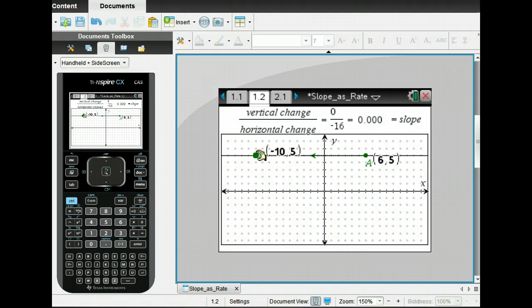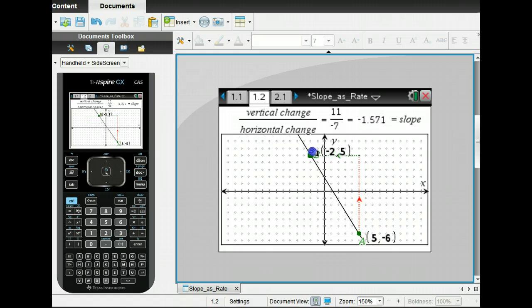So all these questions that you could ask, or facts that you could have told the kids, they can start to explore on their own. Can you get a negative slope? Sure. We read left to right. So why don't we put the line that way? Look at that. It's a negative slope. Can you ever get a slope that doesn't make any sense? Let's just keep bringing this over here. Oh, look at that. The slope is undefined.